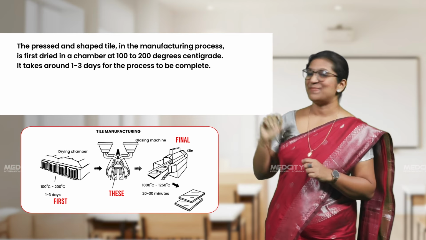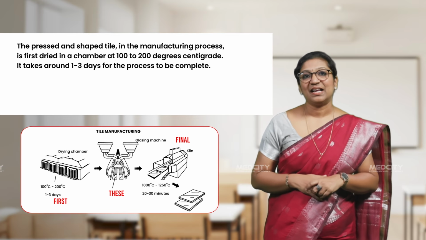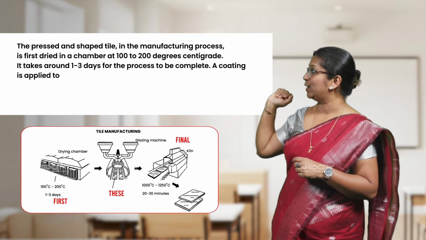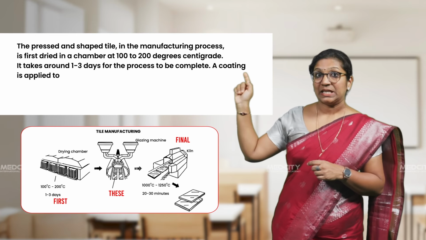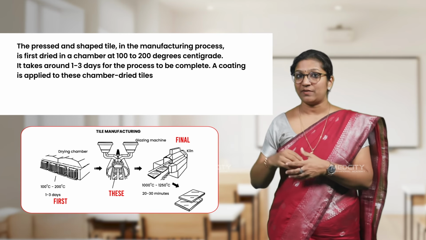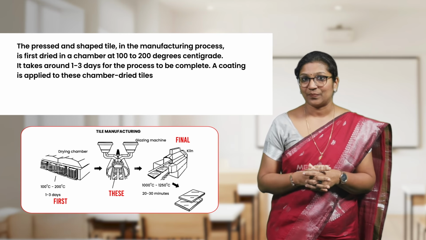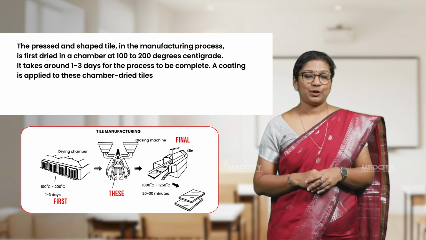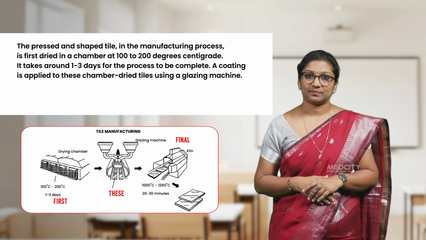Done with step 1. Next, a coating is applied to these chamber dried tiles. How did I connect it to the previous? Chamber dried tiles. A coating is applied to these chamber dried tiles using a glazing machine.